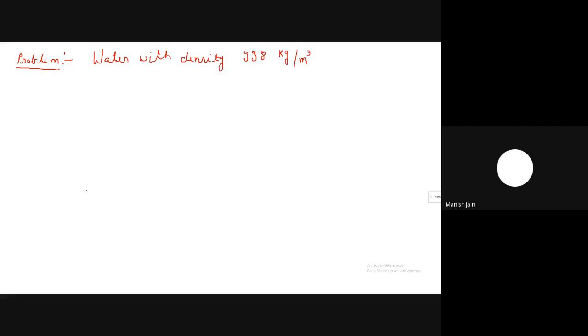I am making the diagram so you can understand the problem through the diagram. There is a pipe here, and in this pipe the water is flowing in steady state, meaning that velocities and other properties are not changing with time.